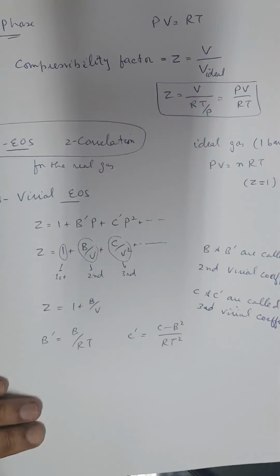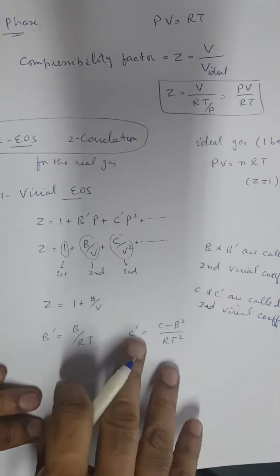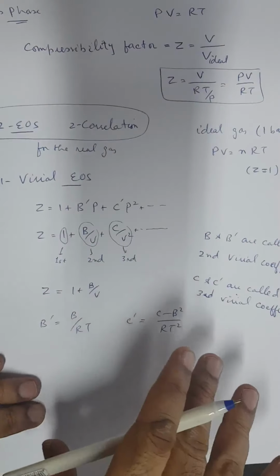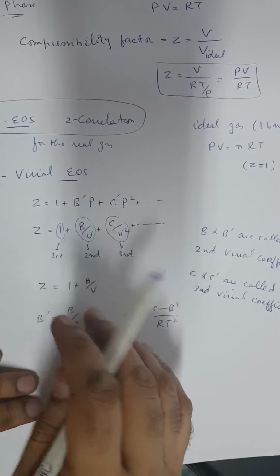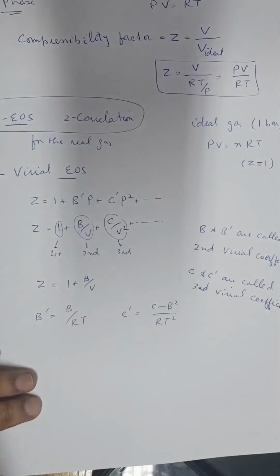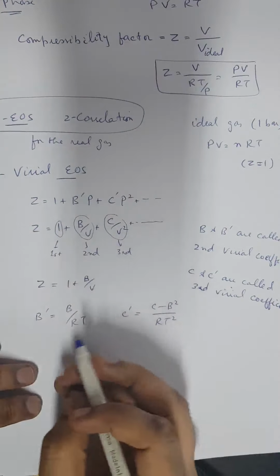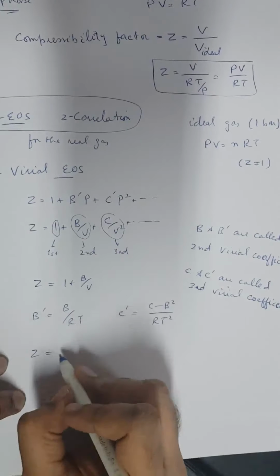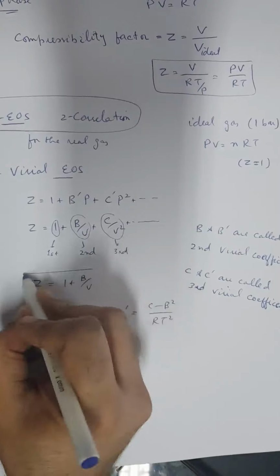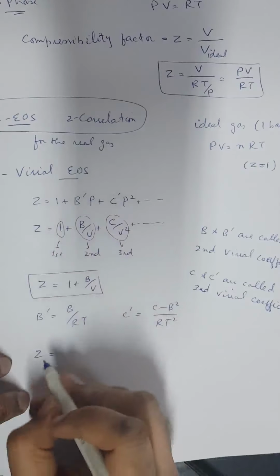So B and C are the second and third virial coefficients. Generally B is always negative, but C can be negative or can be positive.